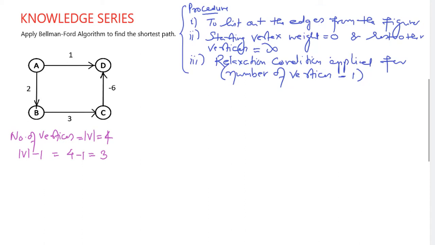That means the number of iterations is 3 times. Now we will list out the edges and proceed.